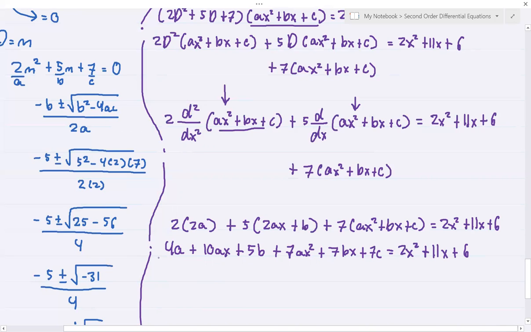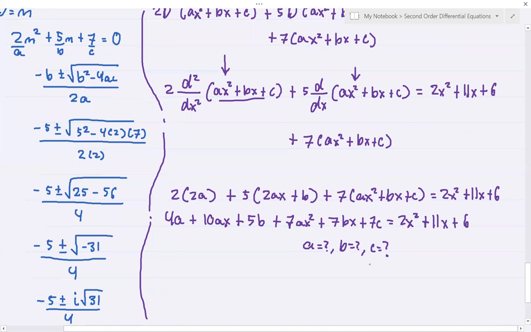Since all of the terms on the left side of the equation are unique, we can now proceed in finding your a, your b, and your c. So what we did in the previous problem is the same way we're going to do here. We're going to get the similar terms on the left side and on the right side of the equation.